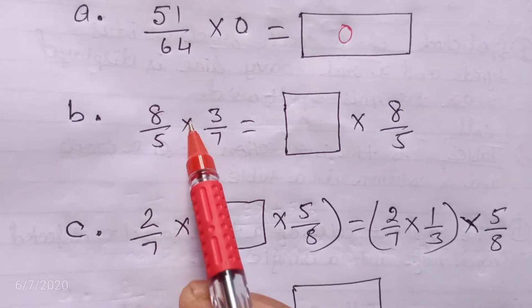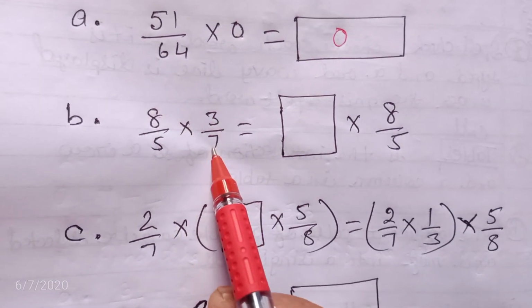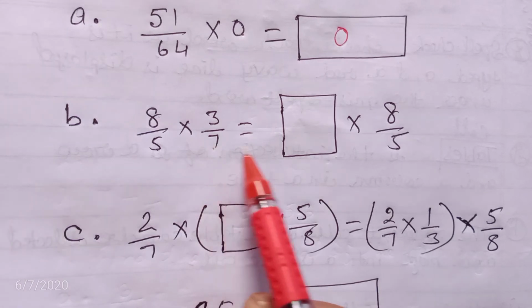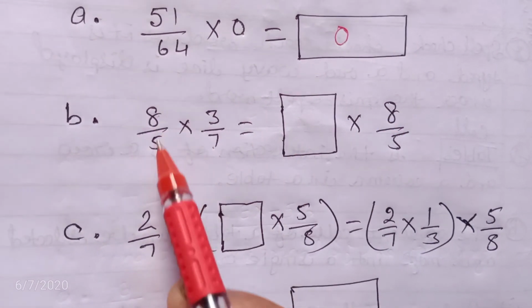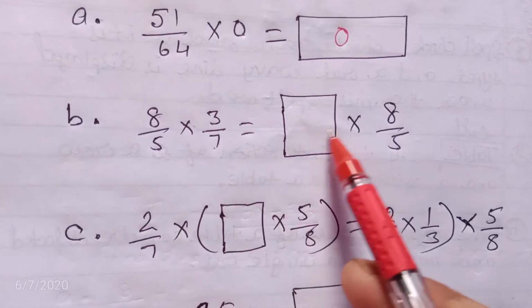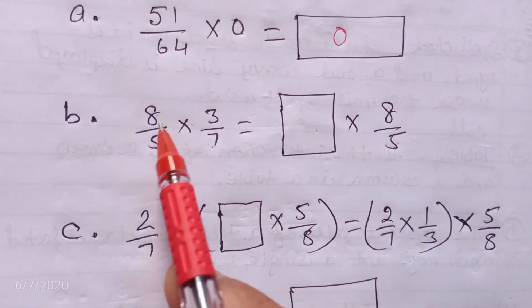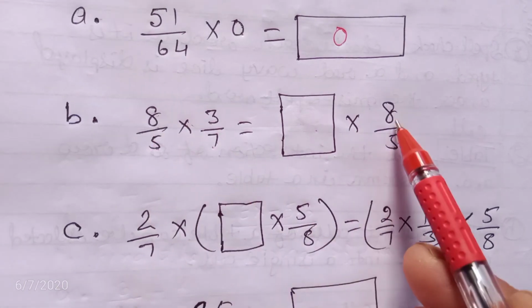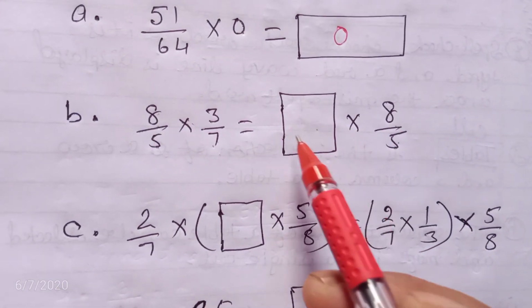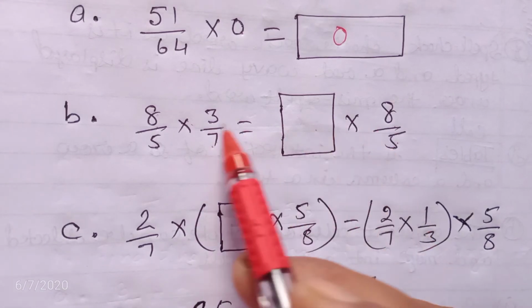8 by 5 into 3 by 7. This is the order property of multiplication of fractions, students. See 8 by 5 into 3 by 7 equal to dash into 8 by 5. You can see 8 by 5 is on the left side and on the right side. So right side and left side will be equal.